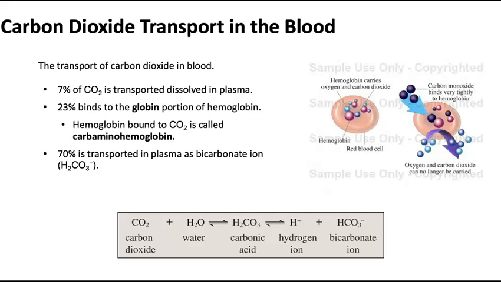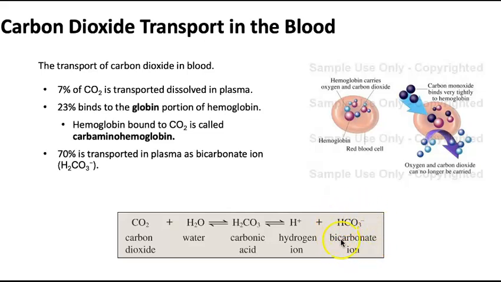But the majority of our carbon dioxide is transported in the plasma as bicarbonate ion, about 70% of it. So this is what happens. We have our carbon dioxide, it combines with the water and becomes carbonic acid. It then is going to dissociate, and we are going to have a hydrogen ion release and a bicarbonate ion.